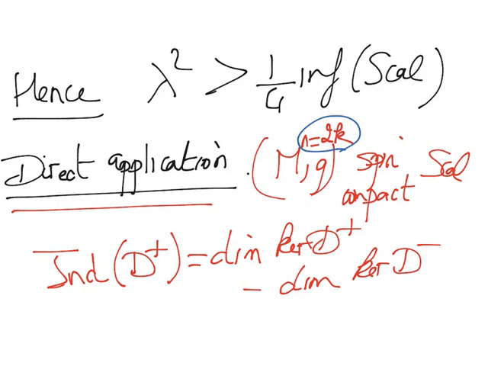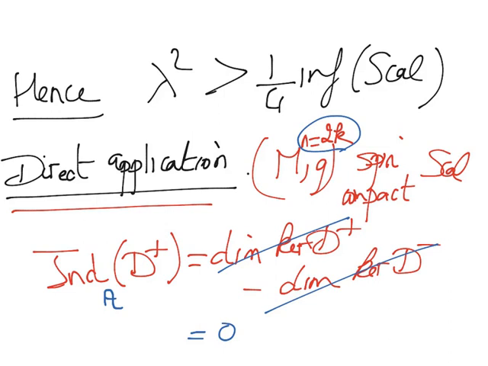But D plus and D minus have both kernel 0, so you get that the analytic index, that's why I should maybe write here A, the analytic index of D plus is 0, but by the Atiyah-Singer index theorem, this analytic index is equal to the topological index, which means that the topological index is 0, and hence it yields a topological obstruction for the existence of positive scalar curvature metric.